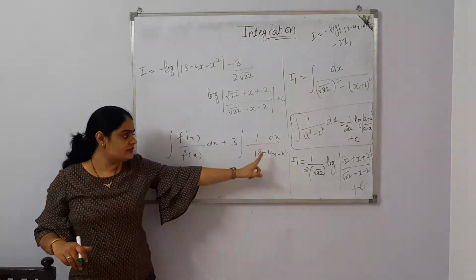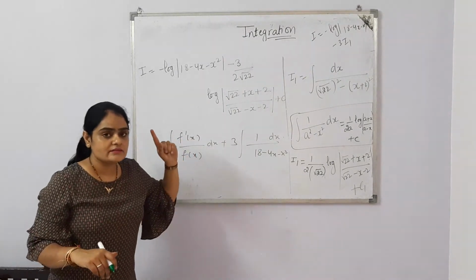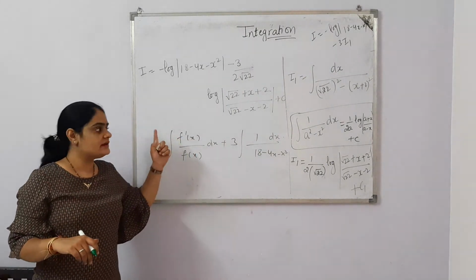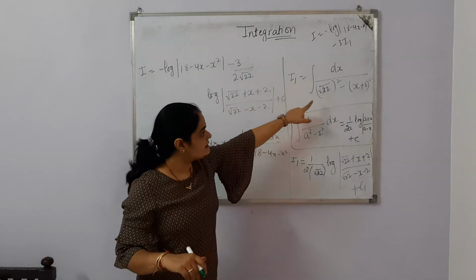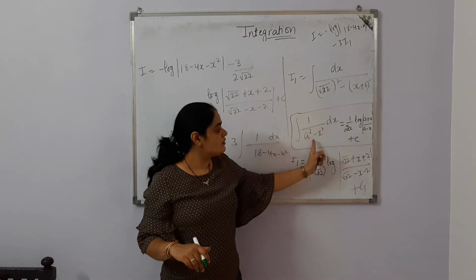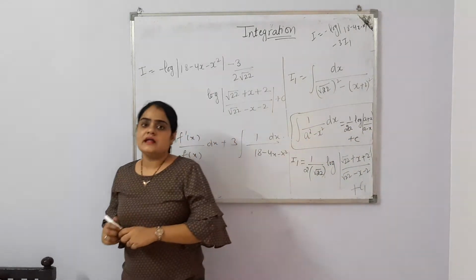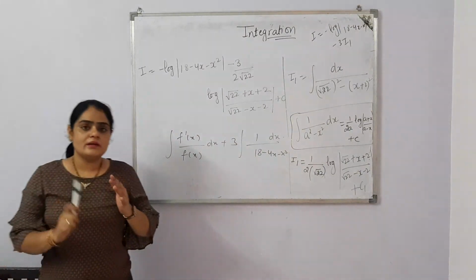So if the numerator is constant and factors are not possible, the last step we can do is complete the square, and after completing the square we get this term, and here the formula is applicable: 1 upon a square minus x square. Its formula is 1 by 2a log of a plus x upon a minus x. So remember this thing.